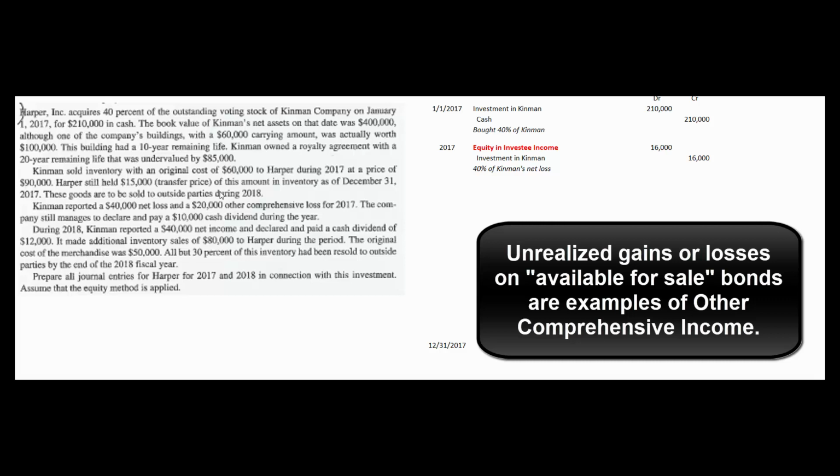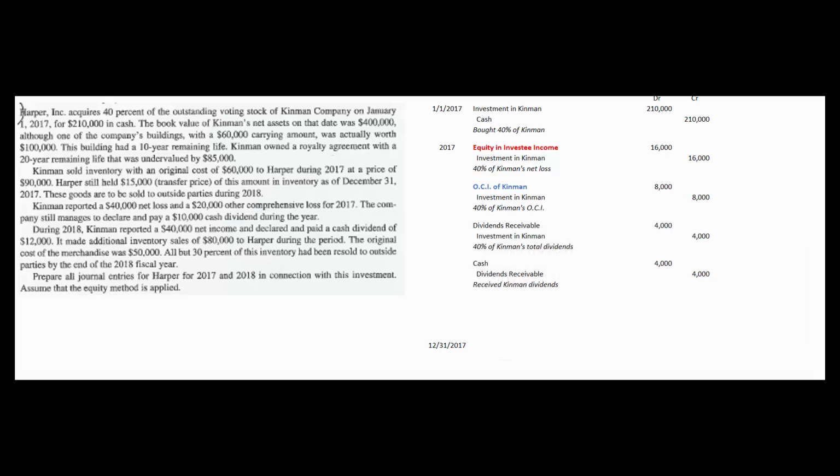So that's going to go in our other comprehensive income. We'll book 40% of that in other comprehensive income of Kinman on our books. So it'll show up and decrease our equity on our balance sheet, but not flow through the income statement, because other comprehensive income, as I like to say, is other important stuff that hasn't quite happened yet.